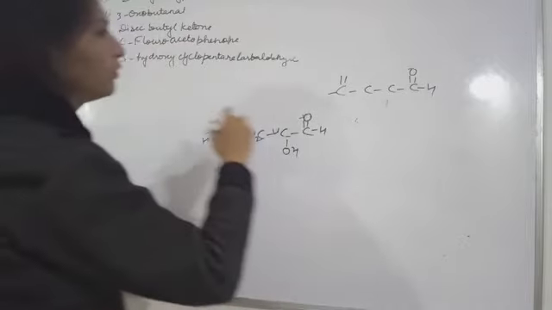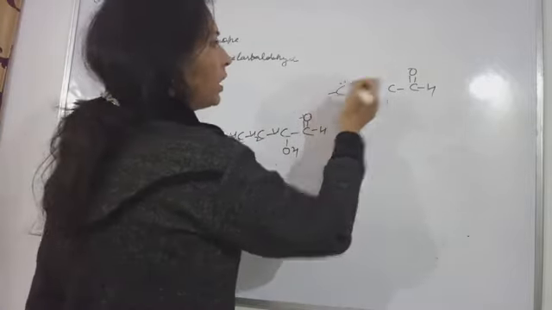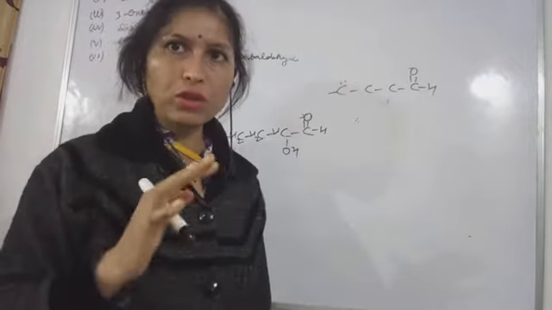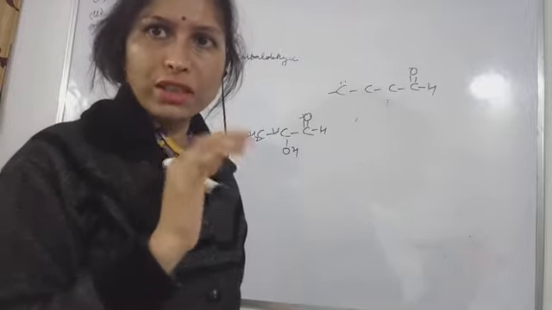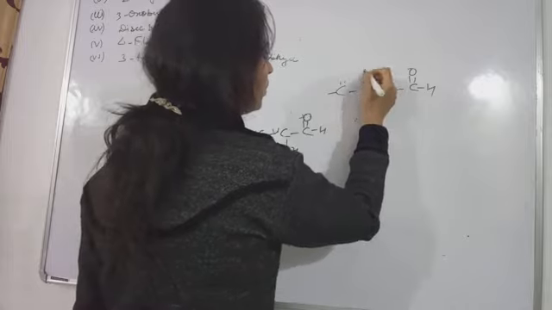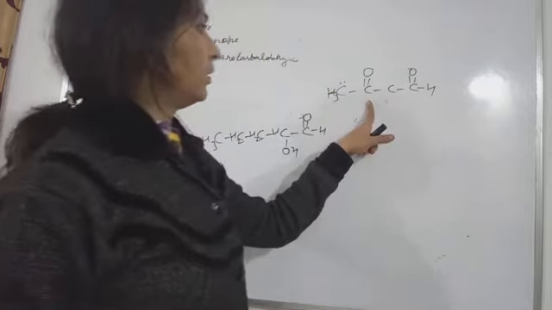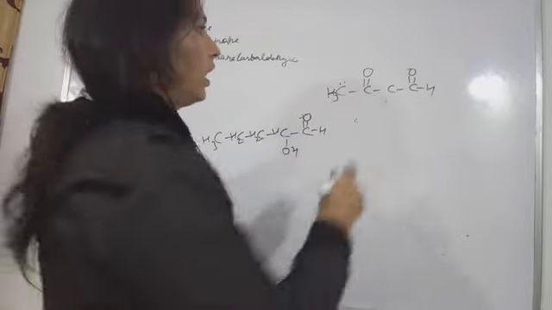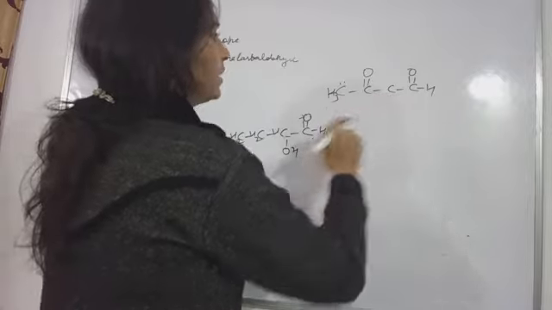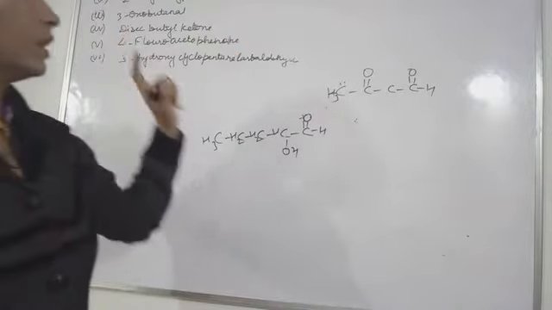Why should 4 not be used here? Because the fourth carbon is the terminal carbon, and the oxo word means the ketonic group is not on the terminal carbon. So this will be 3-oxobutanal, meaning aldehyde group and ketonic group both are present in this compound. This is the structure of the third compound.